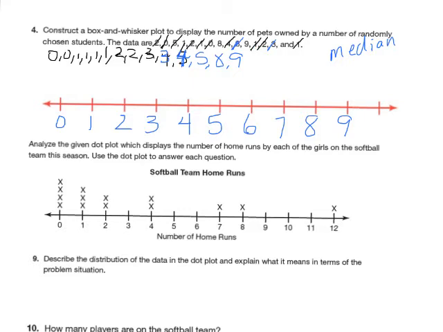There's 15. So it looks like I missed one. Okay, I think I just found it. There's 3 2s. Yeah, I missed one of those. I gotta add it in here somewhere. All right, so now there's the 15 numbers.